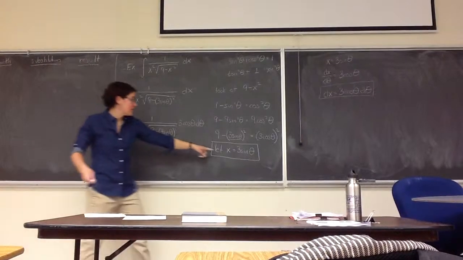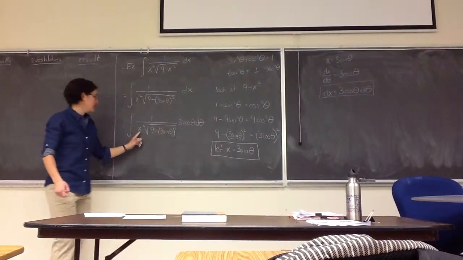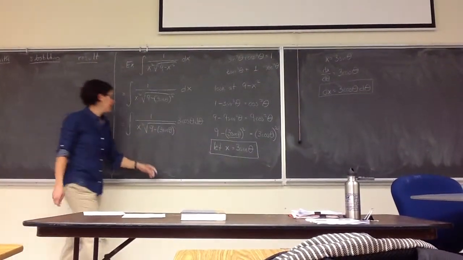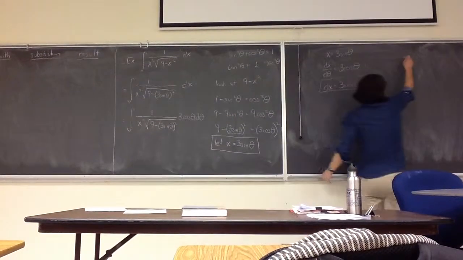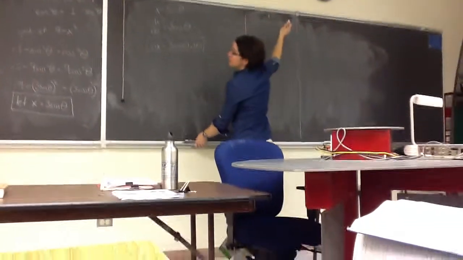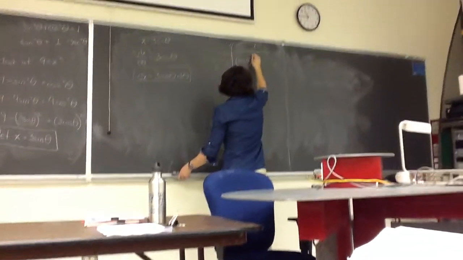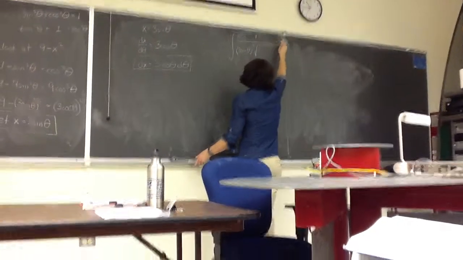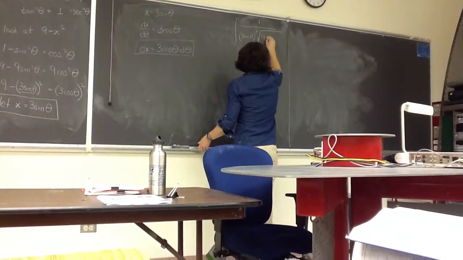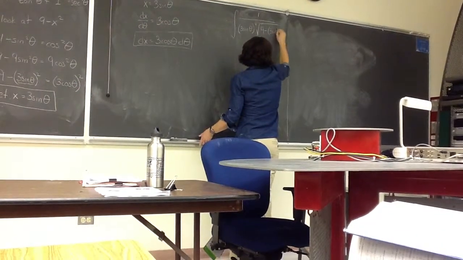And I know that x is equal to 3 sine of theta, so I can write that in here and square it. So we've got the integral of 1 over 3 sine theta squared times the square root of 9 minus 3 sine theta squared.